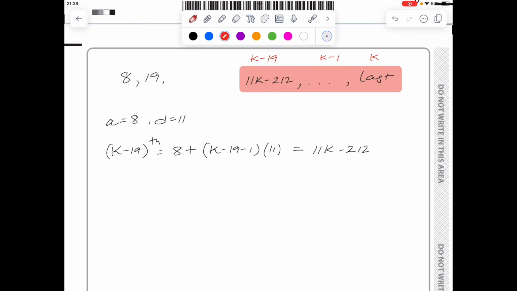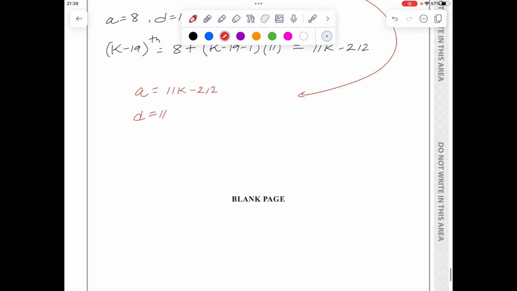So now, if I add all these numbers, I should get the required sum. And note that for this sequence, A is no longer 8, but A is 11K minus 212. D remains 11, and I have 20 terms. So the sum is given by 20 over 2, (2 times (11K minus 212) plus (20 minus 1) times 11).